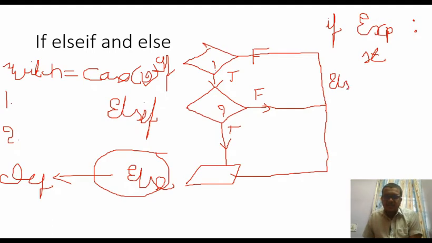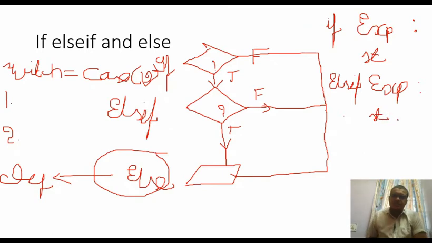You are not writing ELSE, it is ELIF. Just mark this syntax. It is not ELSE, it is ELIF, and you are going to have some expression here. After one tab, you write the statements.